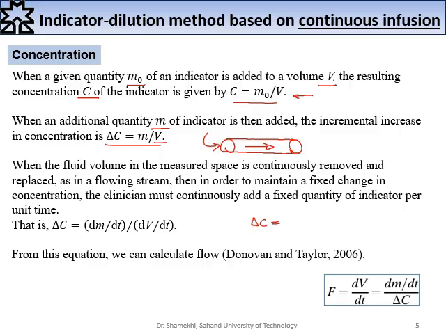Delta C equals dm divided by dv, and also we can rewrite the equation as this.